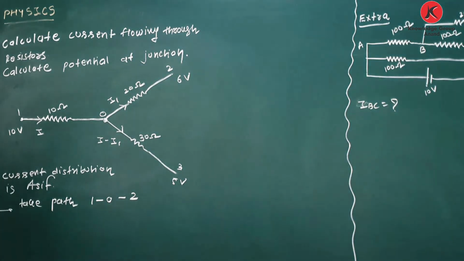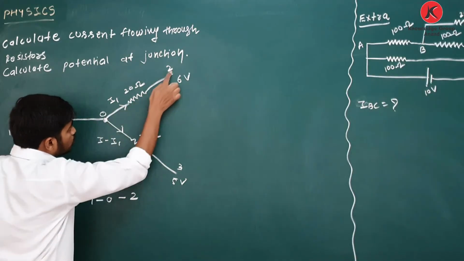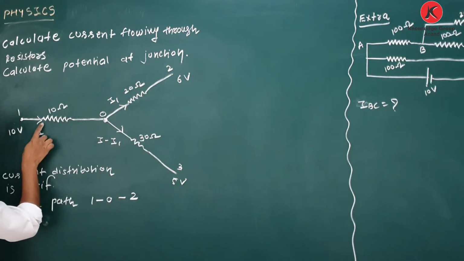How to write the equation? At this point, what is the potential? It is 10 volt, starting from this point. Then in our path, first we encounter the 10 ohm resistor. The current flowing through it is I. We are going from 1 to 0 to 2, moving in the direction of current.